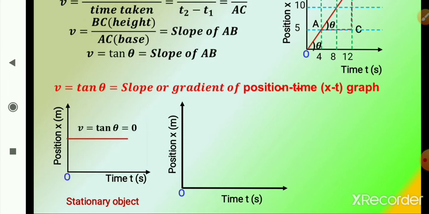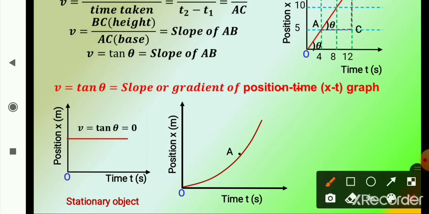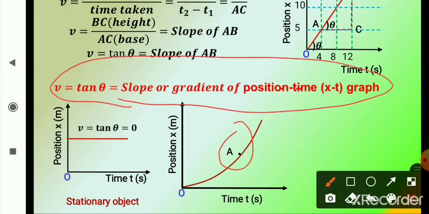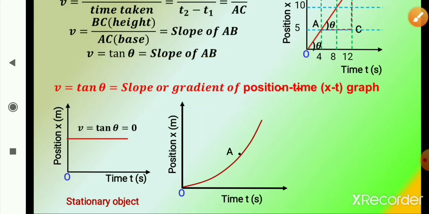And if I take any non-uniform motion position time graph, we have taken a non-uniform motion, and at this point A we want to find the velocity. So this rule applies everywhere. What we said, the slope of the position time graph, is applicable everywhere, for this graph too. So how do we find out a slope?